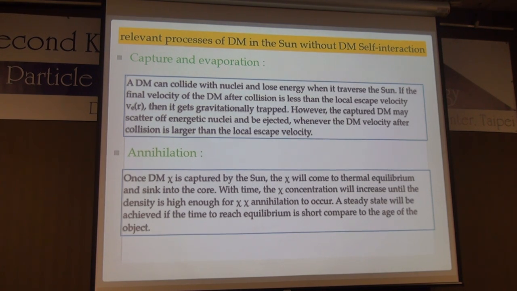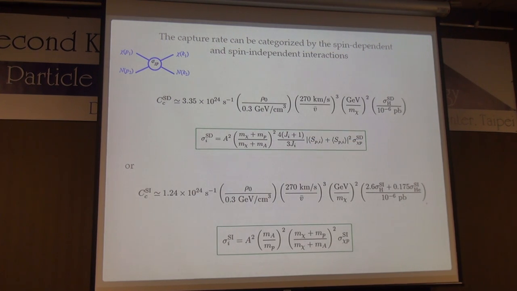The dark matter already captured inside the sun can interact with the dark matter from the galaxy, slow it down, and capture it. And there is evaporation due to dark matter self-interactions: two trapped dark matter particles inside the sun collide, and one of them gets kicked to a velocity larger than the escape velocity and goes out.